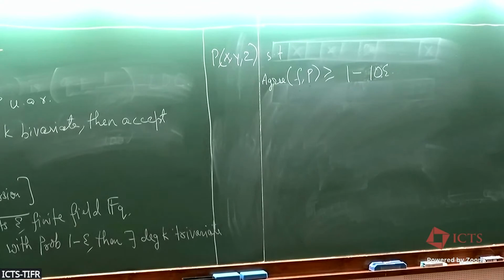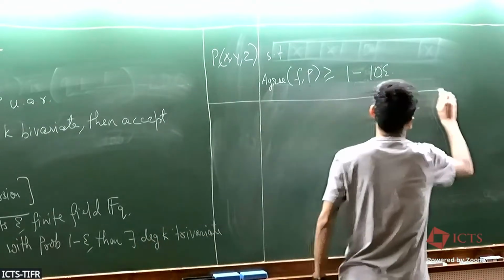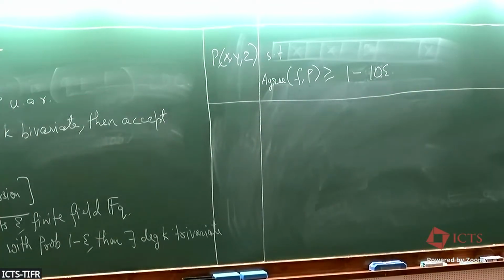Given this theorem, what we can conclude is that if F is at least 1 minus 10 epsilon far from every low degree polynomial, then the test will accept with probability at most 1 minus epsilon. Questions about the theorem statement?